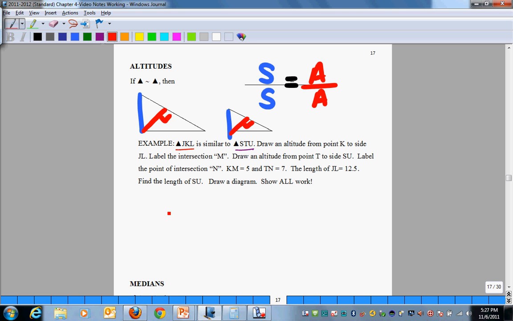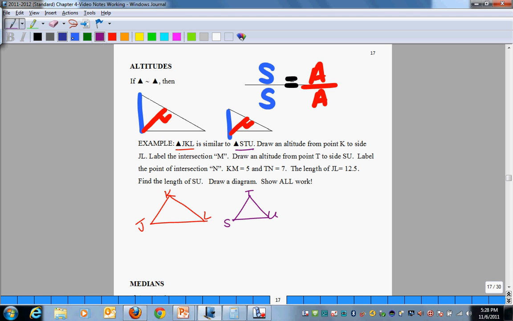So let's go ahead and draw JKL. We don't know what these look like, so we're just going to make them look the same shape but different sizes. So this is JKL, and then we have STU.